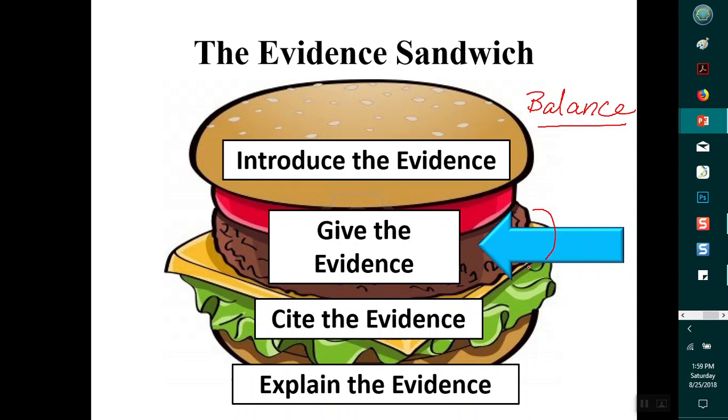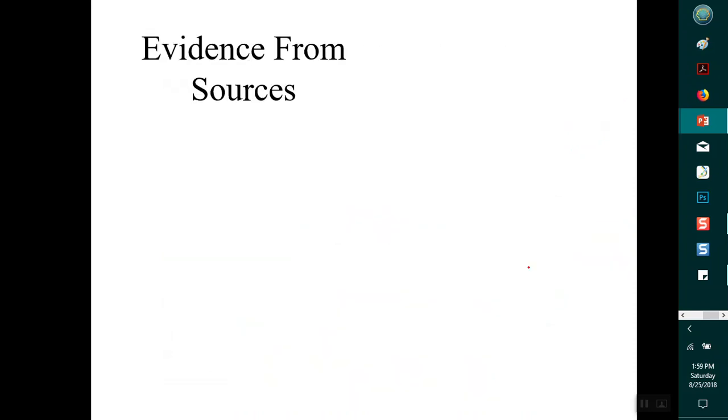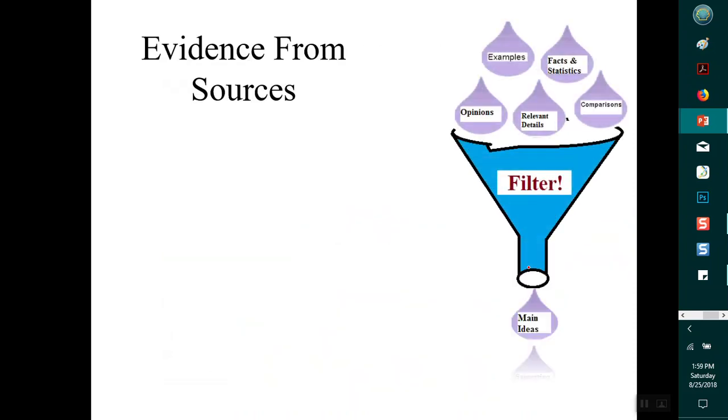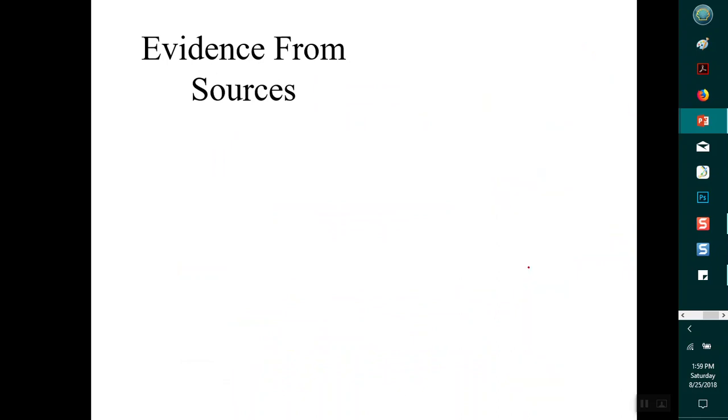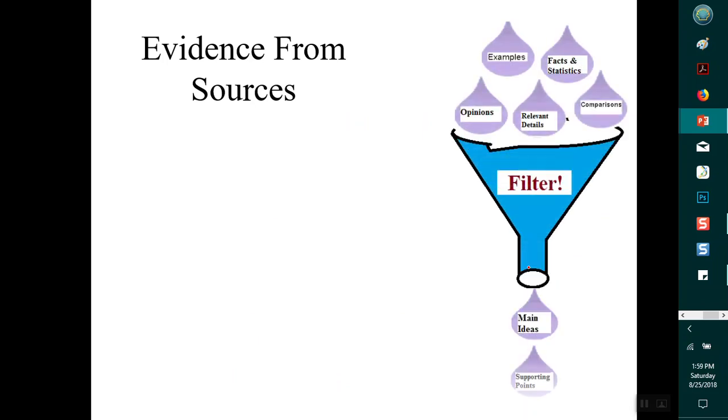And we're going to talk about the evidence today. For this class, evidence comes from sources. And I have this little graphic that I'm going to play again. Because you need to filter the information from an article and give from that article your main ideas and your supporting points.